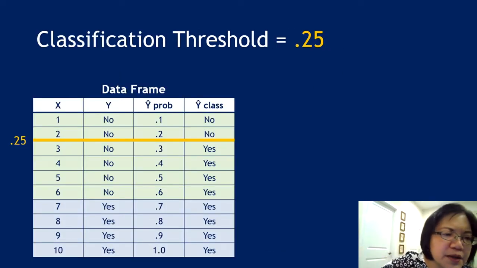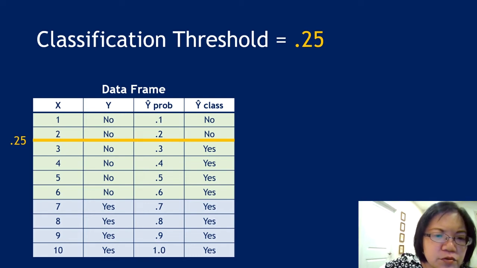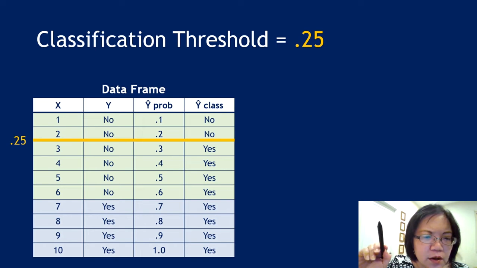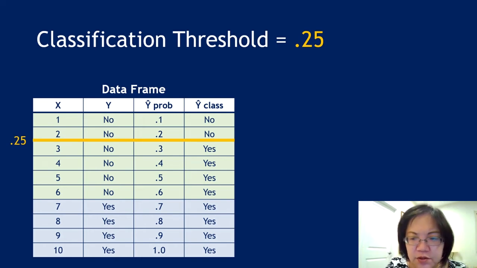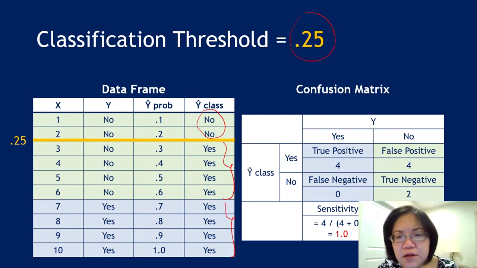So we move down a bit, and now we have 2 true negatives. We still have these 4 false positives, and these 4 are correct identifications. So the sensitivity is still 100%. My specificity is going up a little bit, so my performance in identifying true negatives is getting better.